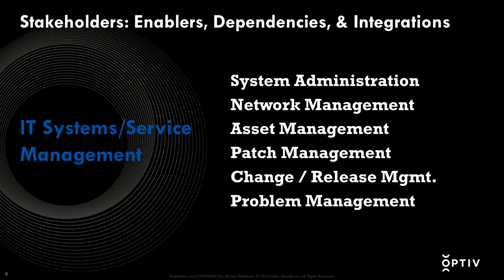Change and release management, responsible for planning, scheduling, and tracking moves, adds, changes, and deletes requests within the various staging environments, such as development, test, QA, or production. And then problem management. This is essential for tracking incidents and maintaining knowledge management for root cause analysis and lessons learned.